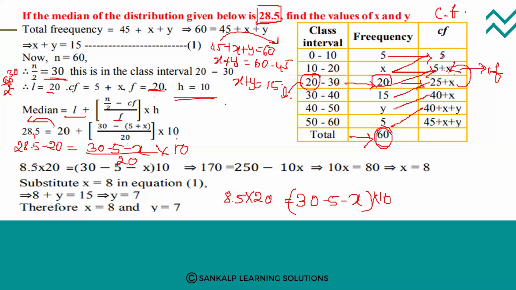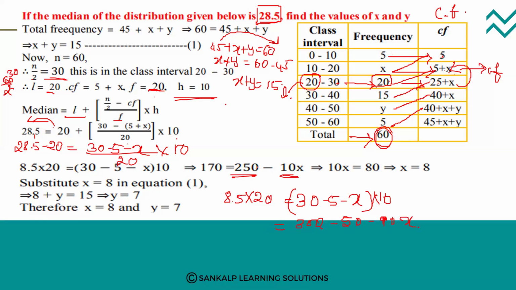Now 8.5 into 20, that is 170. 30 minus 5, so 10 into 30 is 300, minus 10 into 5 is 50, minus 10x, right? So 300 minus 50 is 250, minus 10x. So 170 is equal to 250 minus 10x.